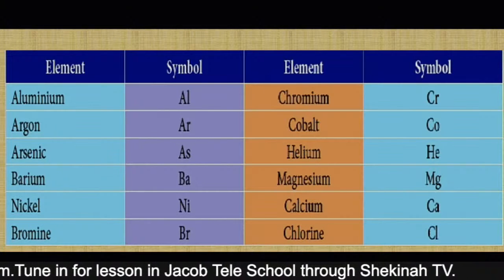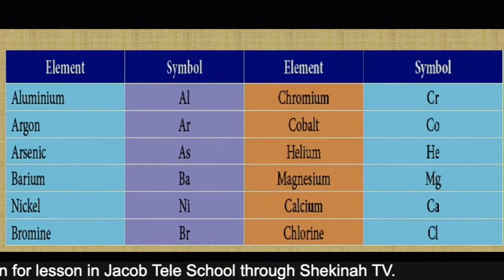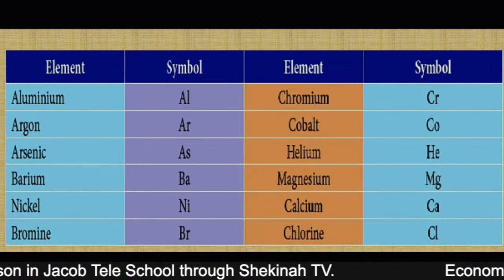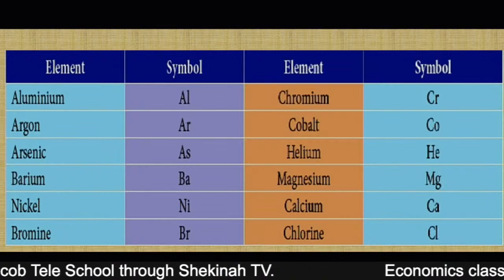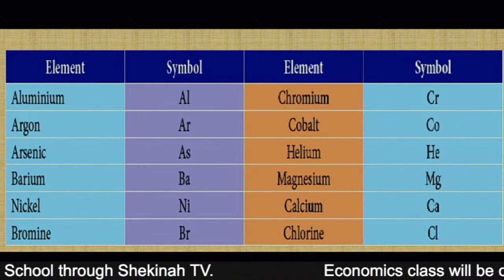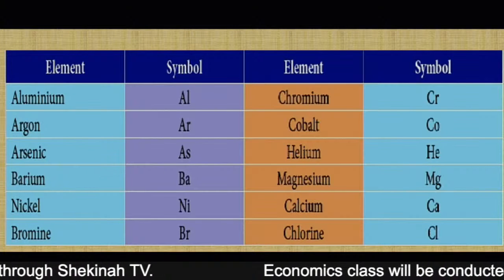Some of the elements and symbols are over here. Aluminium. What is the symbol of aluminium? Capital A and L. Kindly write down, students. What is the symbol of argon? Capital letter A and small letter R. What is the symbol of arsenic?